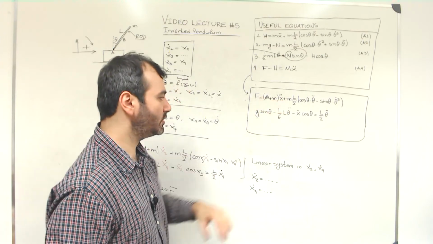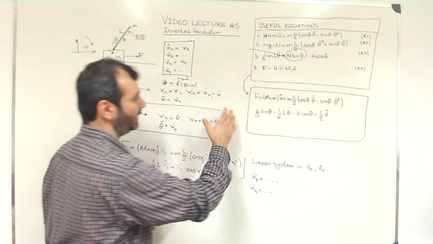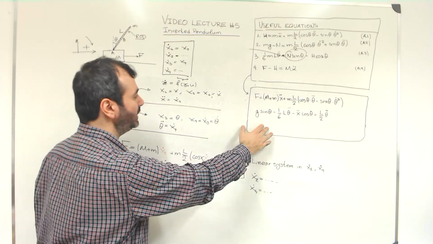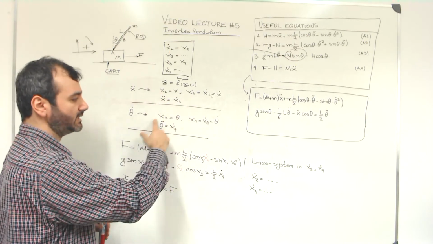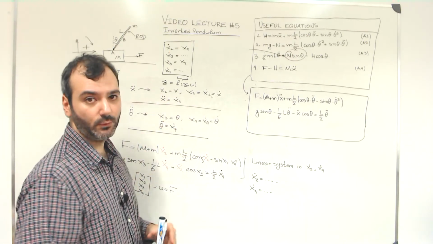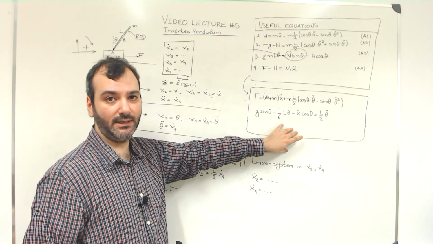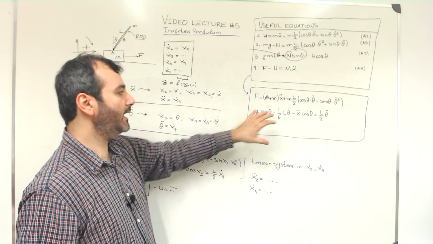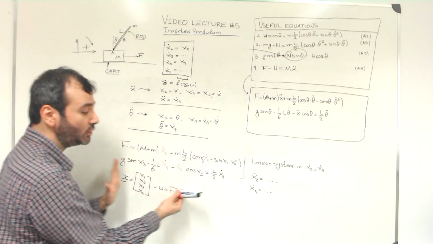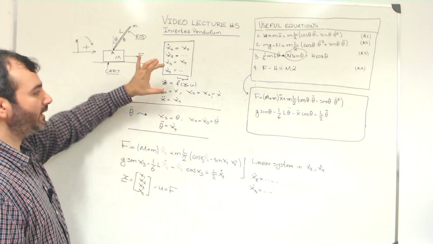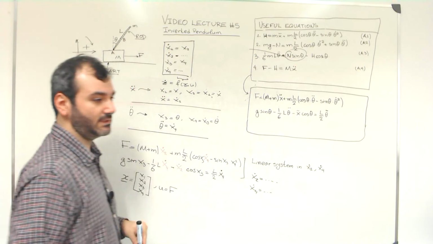We introduced the auxiliary variables x1, x2, x3, x4, following what we learned in lecture number 1, and repeated in lecture number 2. Then we ended up with this linear system. Now, if you solve this linear system, you will be able to recover the state space representation for this system.